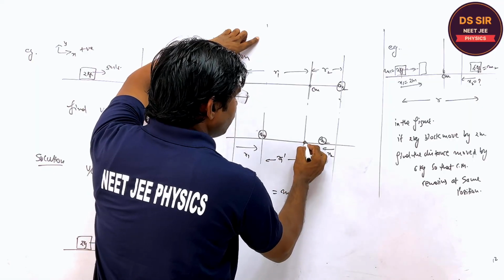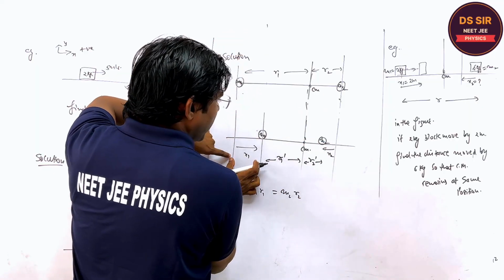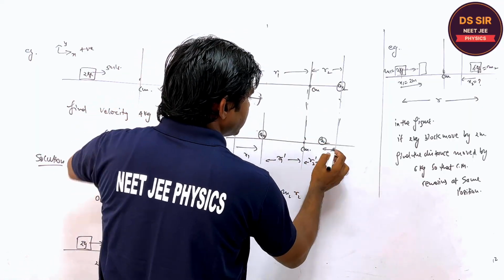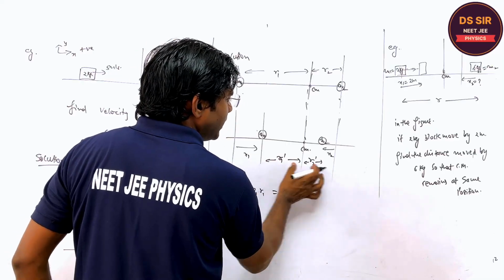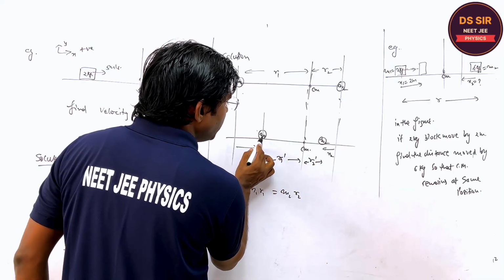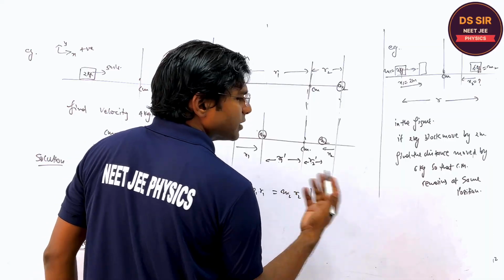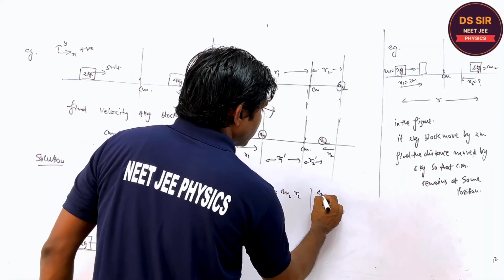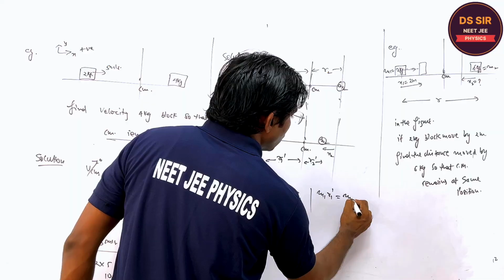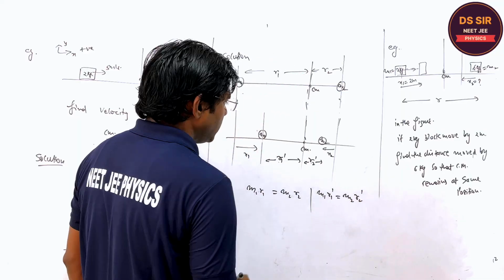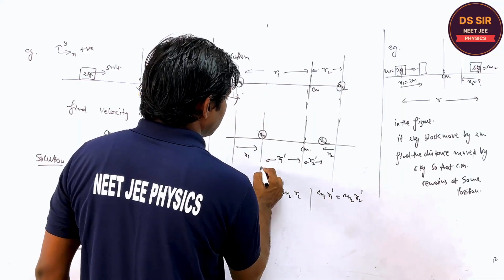Now the center of mass is at the same position, m1 moves by x1, m2 moves by x2. Now it is r1 dash and r2 dash. What is the relation between m1 r1 dash and m2 r2 dash? What is r1 dash? Can you tell?